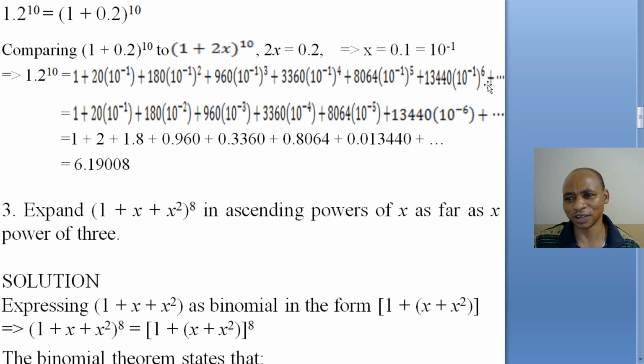Thus we end at the 7th term. And applying the exponential law of indices, we end up getting this, and in all the value will be 6.19008.